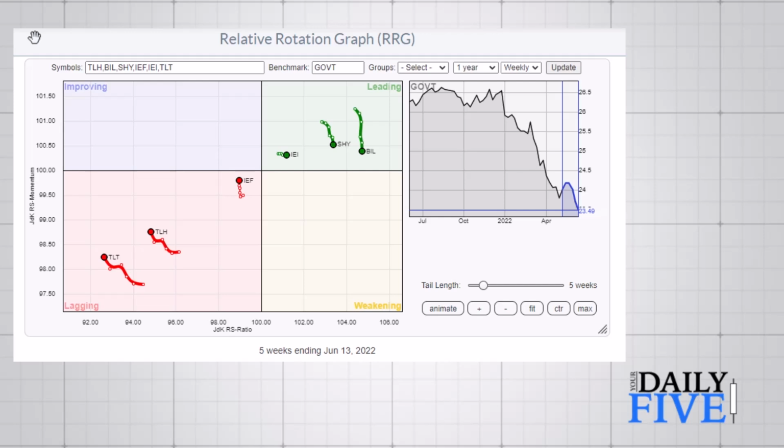Basically, what you see here is the rotation of the yield curves, the movement of the yield curve. And the main takeaway here is that the longer dated maturities are moving up in price. By the way, this is all relative. So they're picking up relative strength, while the shorter dated maturities are losing relative strength.